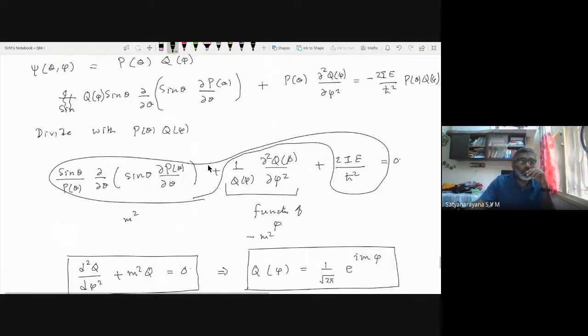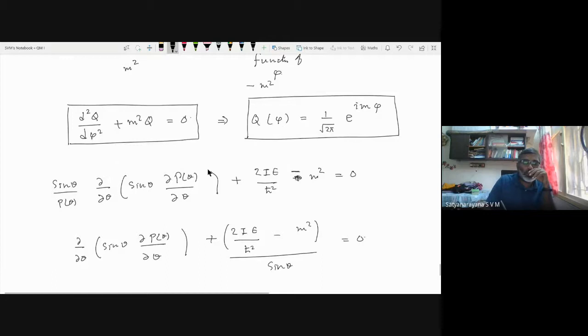Okay, I think I have made a small mistake. When I multiply this with sine theta, I have to also multiply the right hand side with sine theta. Correct? So there will be a sine theta component sitting here. Then in that case, this becomes simply m square by sine theta.